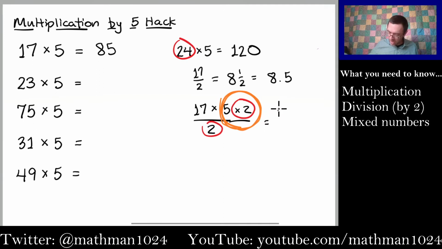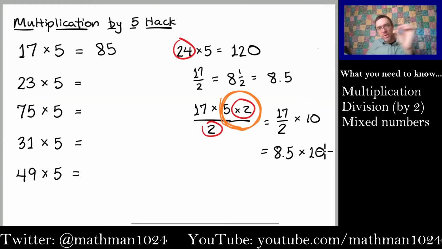So we know that we can rewrite this as 17 over 2 times 10. And I said multiplying times 10 is great because you just add a 0 at the end of the number. Well, that's if you're dealing with an integer. But what if it's a decimal? We saw that 17 over 2 is 8.5, and multiplying times 10, we can't just add a 0, but what we're doing is scooting the decimal over. So this decimal kicks over, and it turns it into 85. So that's how the trick is working, and that's how it connects back with the last video.